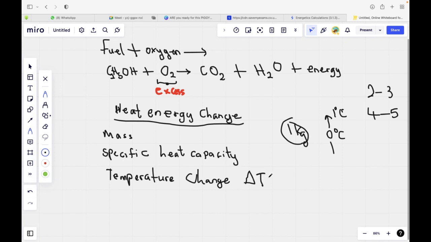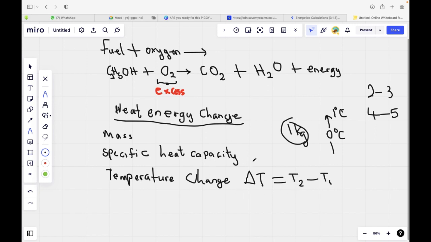You also learned it in physics. This change in temperature is equal to T2 minus T1, that means the final temperature minus the initial temperature, assuming T1 is the initial temperature and T2 is the final temperature.